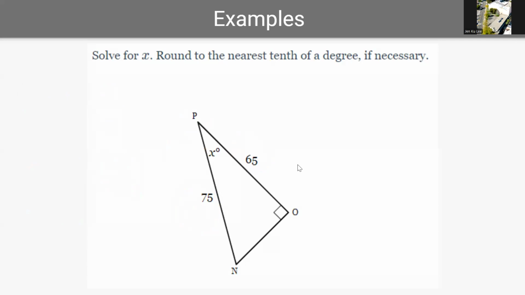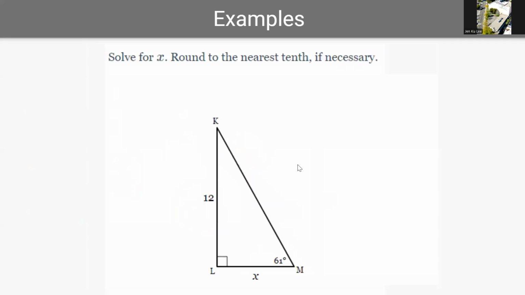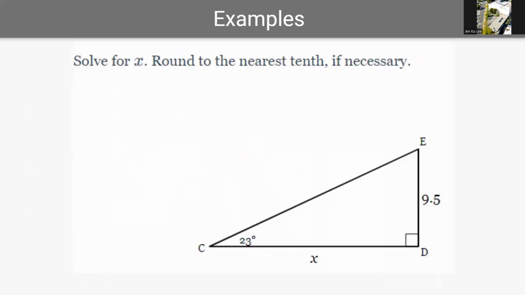The other problems that were given, we were figuring out a side, and we already know what that angle is. I can type out whatever this was, the tangent of 23 degrees. When you're trying to figure out what the angle is, that's when you use the inverse function.